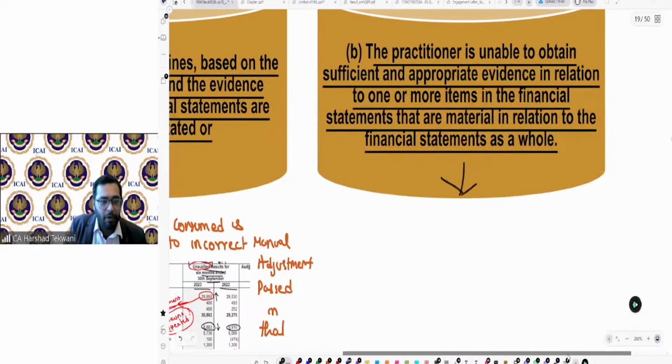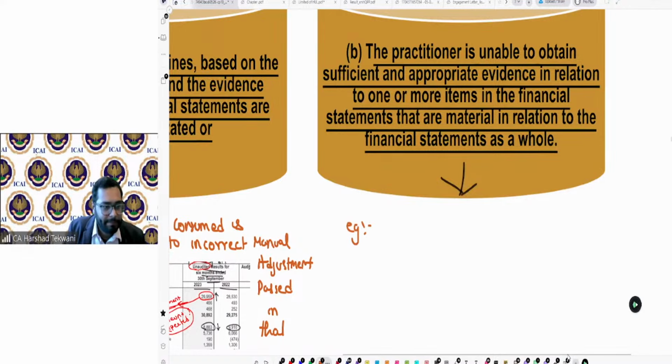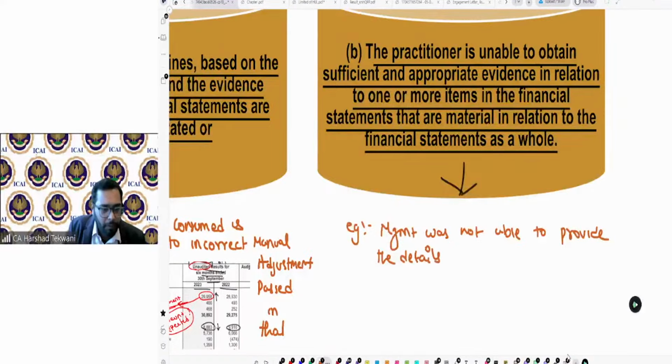And when I say you are not able to obtain evidence, it means, for example, that management was not able to provide the details, or you can say breakup, of the material consumed amount.